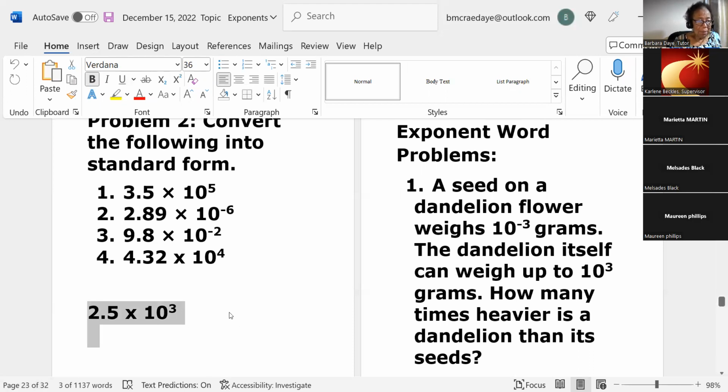Anybody? 10 to the 3rd is what? 10 times 10 times 10 is what? 1,000. That's right. So, Maureen, 2.5 times 10 to the 3rd would be what in standard form?